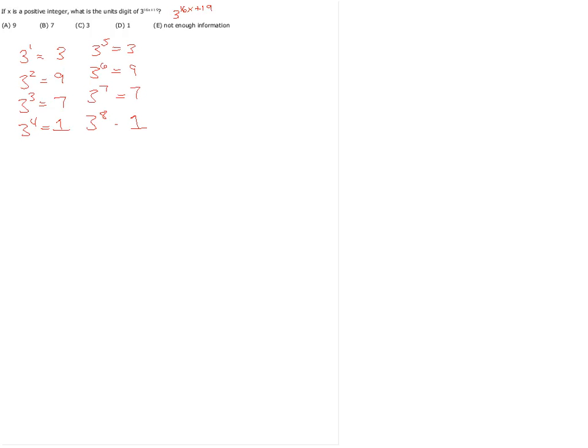Now, this repeats every 4 exponents. So I want you to keep that in the back of your mind. And I'm going to keep expanding this 4th row here. As you keep expanding this 4th row, I want everyone to notice that the exponents of 3 to the 12, 3 to the 16, 3 to the 8, 3 to the 4, they're all multiples of 4.